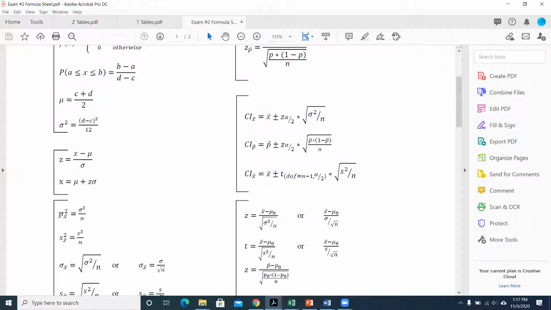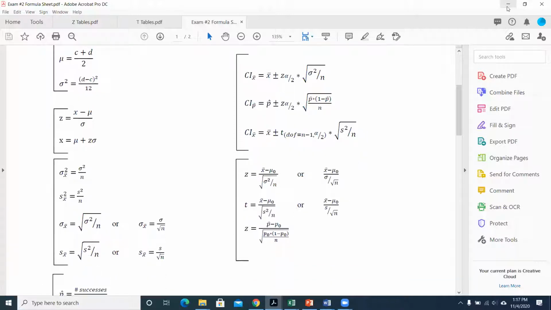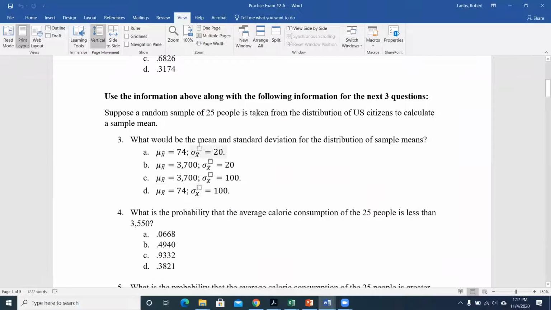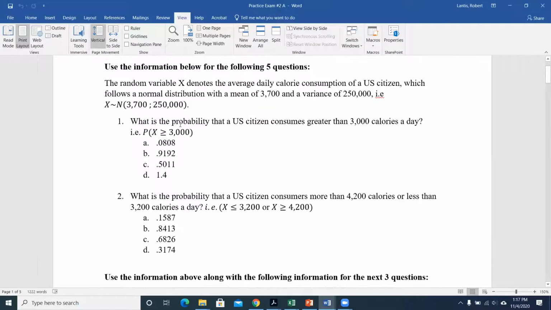We also know that the variance of our sample means will be the original variance divided by our sample size. We're sampling from this distribution, so our sample means should be distributed normally, since the original variable was normally distributed. We didn't even need the central limit theorem there.